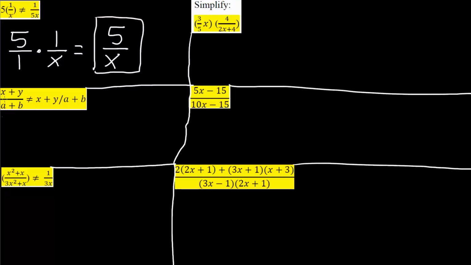The next misconception is that (x plus y) divided by (a plus b), where the division sign is vertical, so it's essentially saying parentheses x plus y divided by parentheses a plus b, does not equal x plus y divided by a plus b, because this is equal to x plus y divided by a plus b.